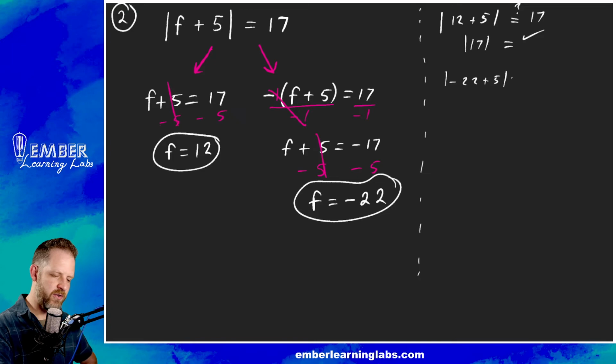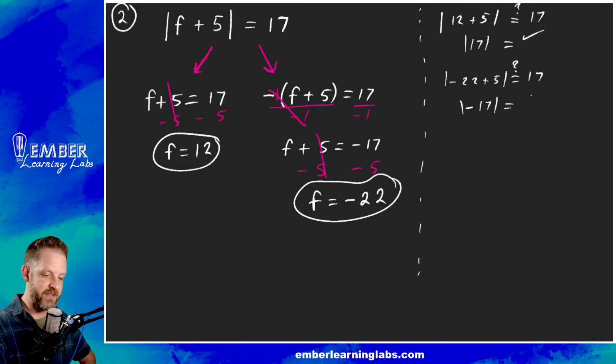Absolute value. Does that equal 17? Negative 22 plus 5. Signs are different. We subtract and keep the sign of the bigger one. So negative 17, absolute value. The absolute value of negative 17 is, in fact, 17. Yay, that one also works.